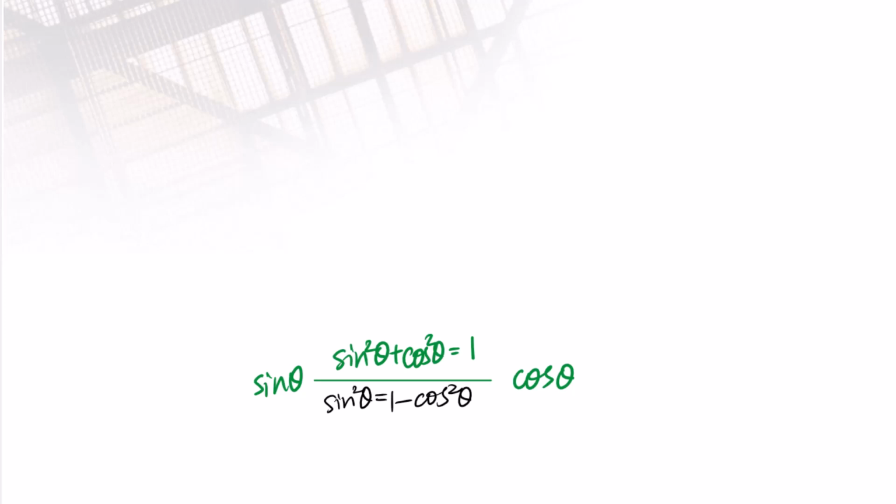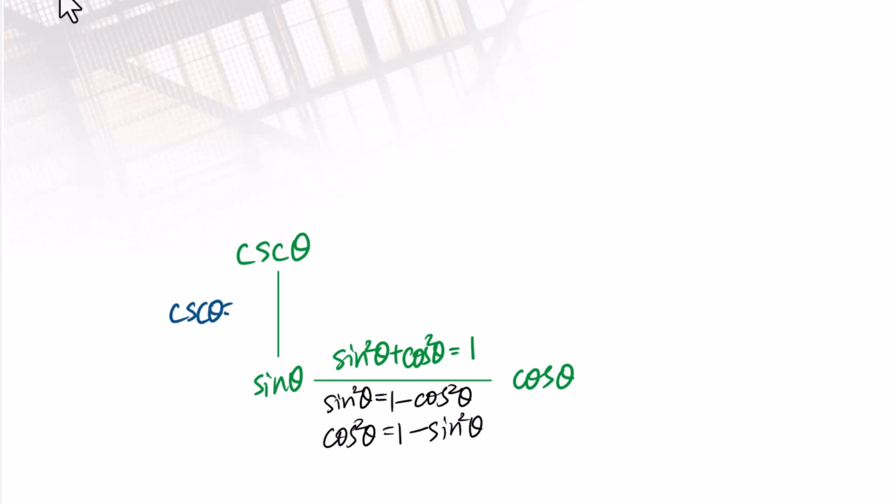Let's start with sine theta, cosine theta. We do know sine squared theta plus cosine squared theta equals 1. Sine squared theta equals 1 minus cosine squared theta. Cosine squared theta equals 1 minus sine squared theta. From sine theta, we can go to cosecant theta.